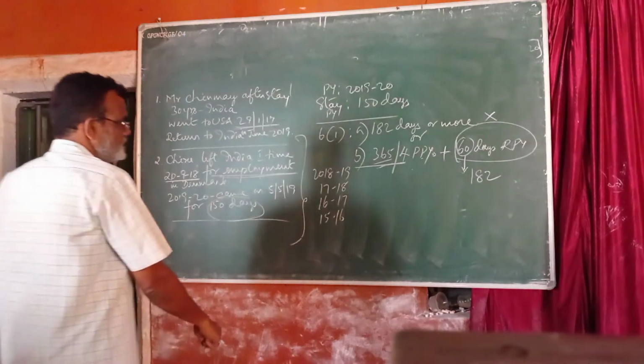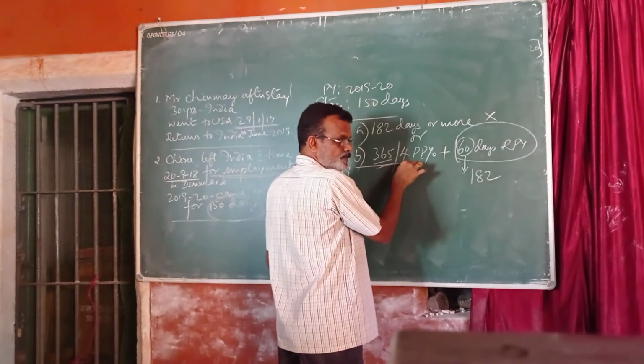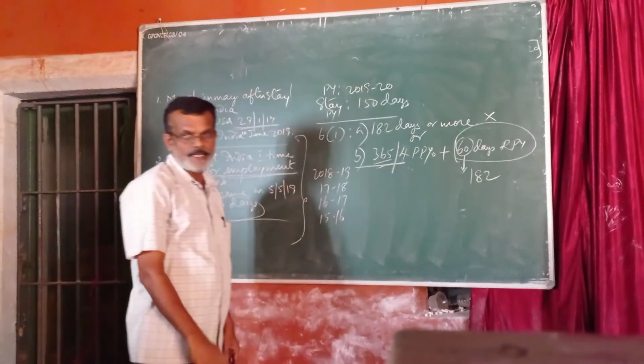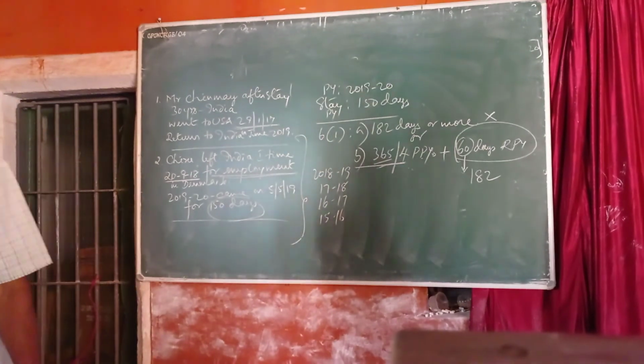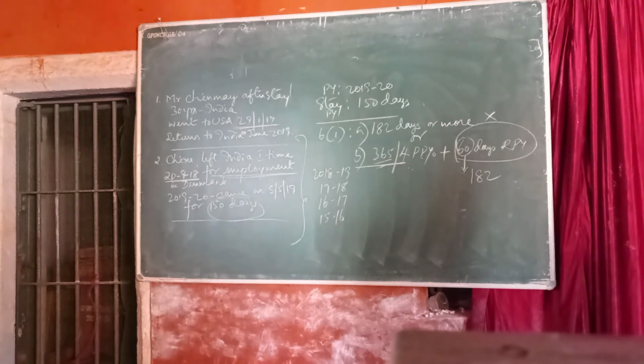The condition says that 365 days in 4 preceding previous years and 182 days in the relevant previous year. So the first condition is also not satisfied, and also the second condition is not satisfied by Mr. Chiru to become a resident.